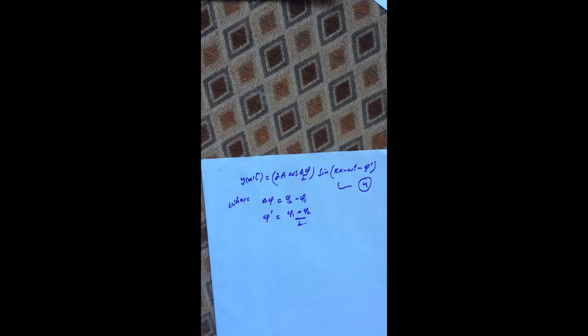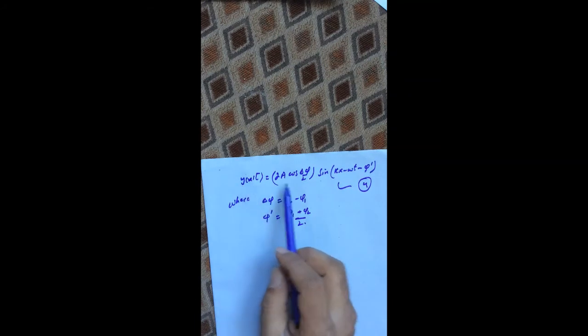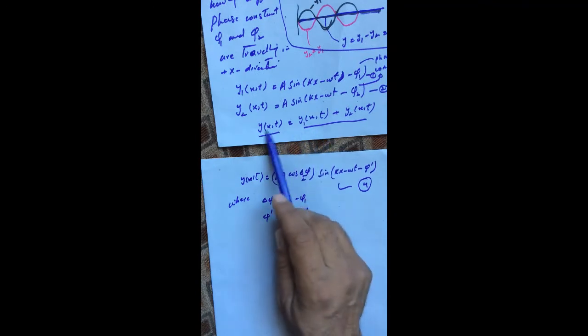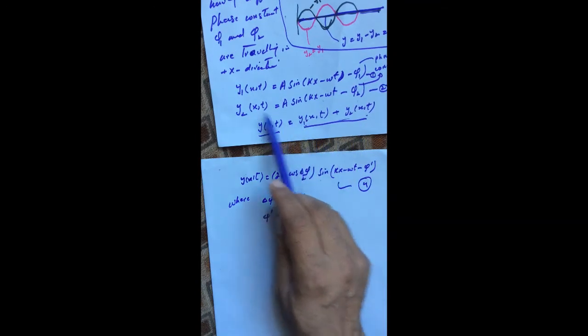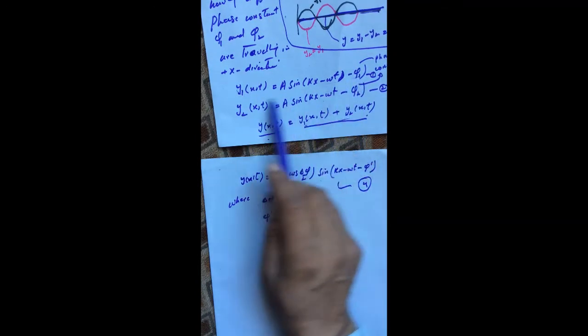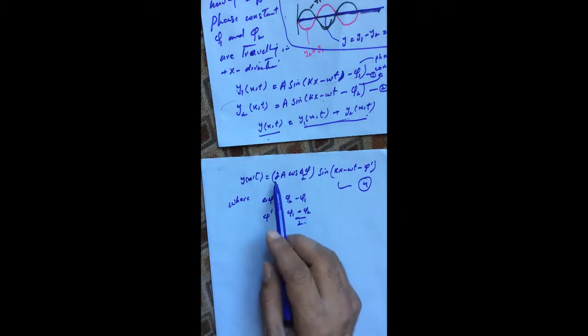Now this equation 4 shows that the resultant of the superposition of two sinusoidal waves is also a sinusoidal wave.